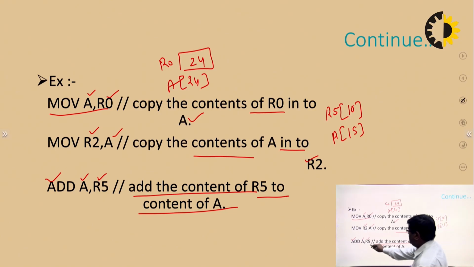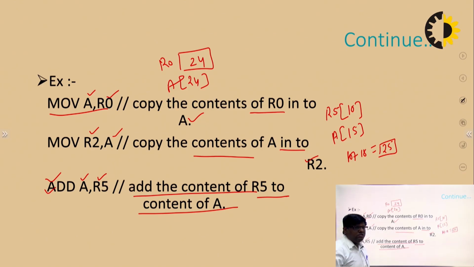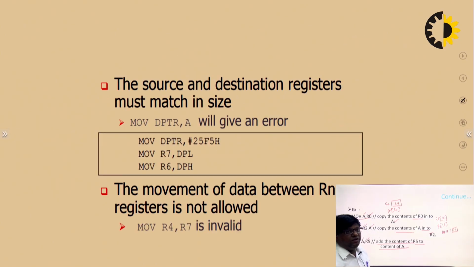Then what does this instruction do? It adds 10 plus 15, giving 25. This value is the result of this instruction, and this instruction performs the register addressing mode.